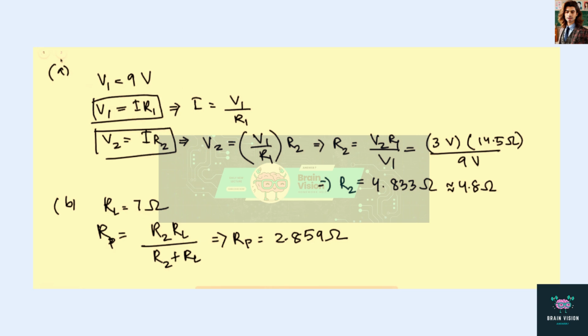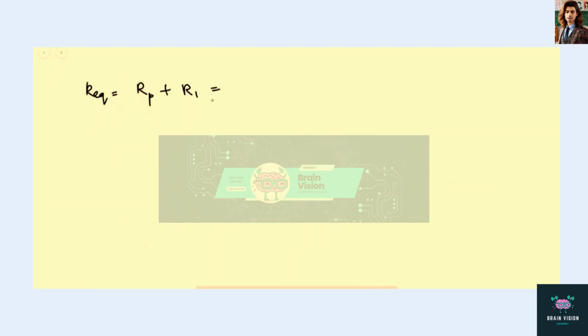Now let's plug the values of R1, which is 14.5 ohms, and RP over here to get the equivalent resistance, and that turns out to be equal to 17.359 ohms.